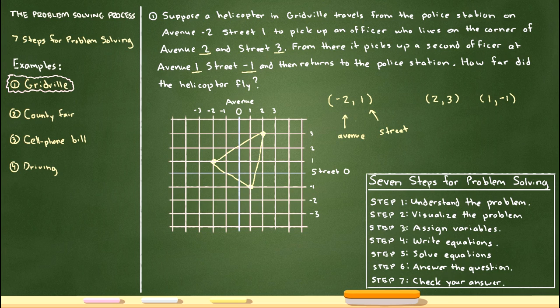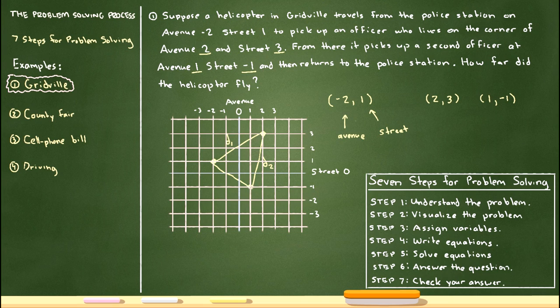Okay, so step 3 now is assign variables. From the police station to the first officer, we can call D sub 1. And from this first police officer to the second police officer, we could call that a distance of D sub 2.